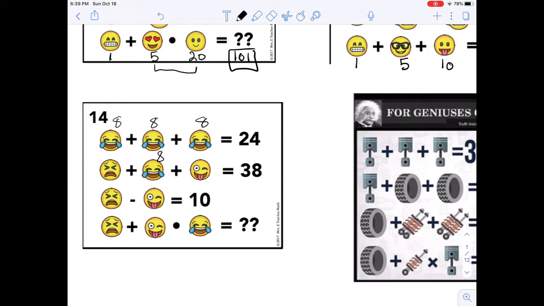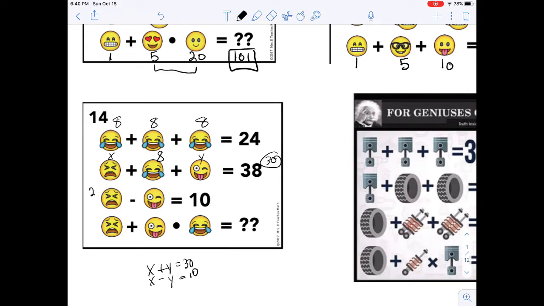All right, so for this one, we would know that this plus this equals 30, right? So if you add them, they equal 30, and if you subtract them, they equal 10. So add, they equal 30. Subtract, they equal 10. So that means that one of them is 20.